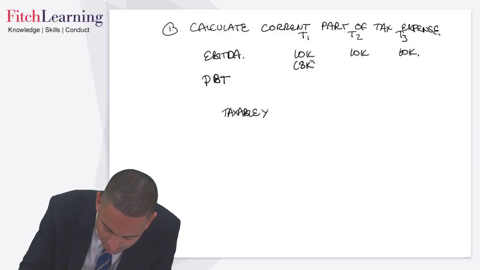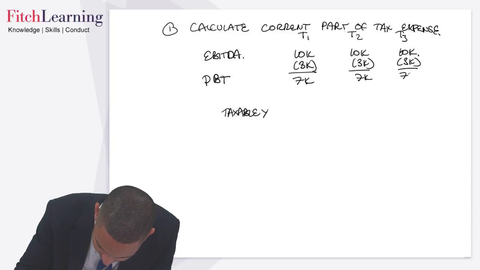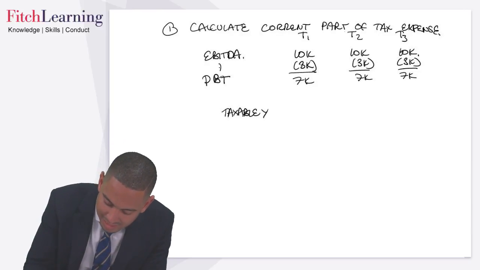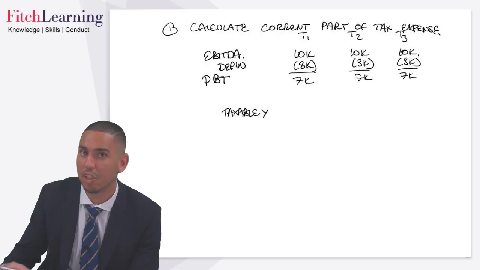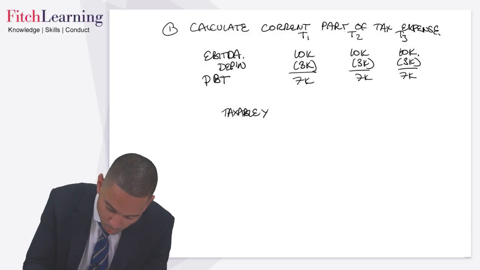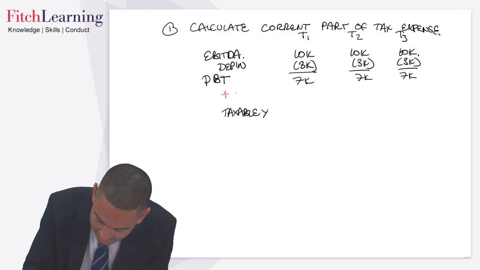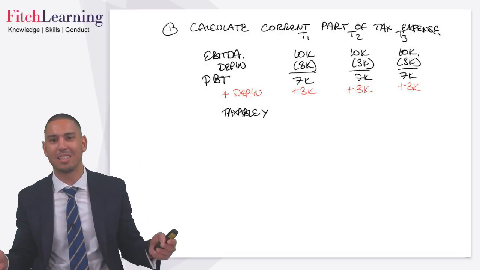Now, you don't have to do this part. This part is just showing you why we add back depreciation. Because this depreciation charge that's gone through shouldn't be going through. I don't get that when it comes to the tax authority. So we are going to add back depreciation. Now what I've done is just massive overkill.